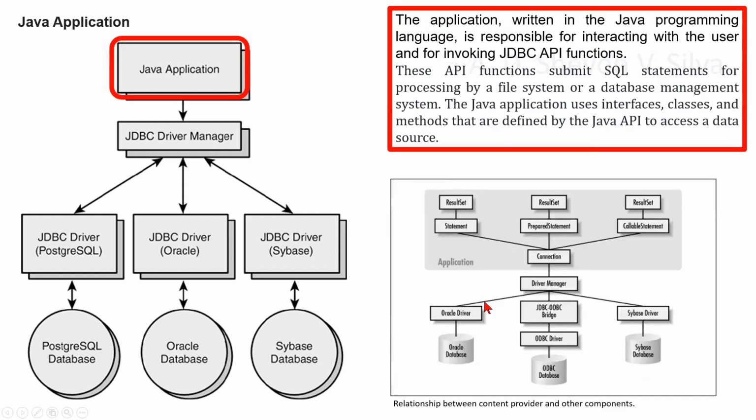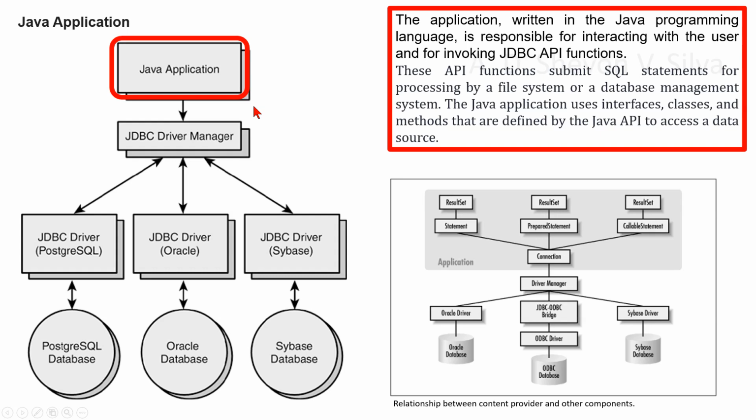Now we are focusing on Java application. The application written in the Java programming language is responsible for interacting with the user and for invoking JDBC API functions.